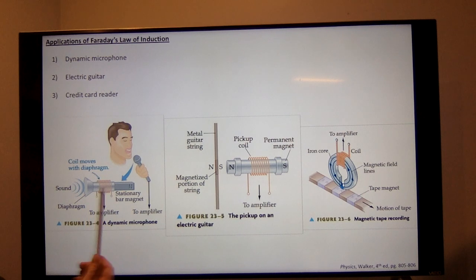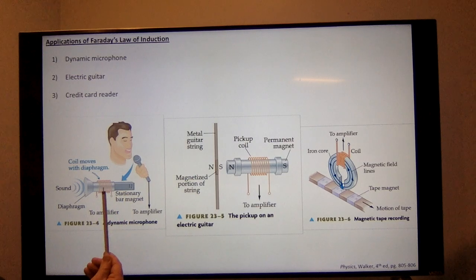There is a very lightweight cone that catches the sound waves, so that the sound waves hit this and vibrate this cone, which is attached to a coil of wire, and that whole thing is sliding back and forth on top of a permanent magnet.